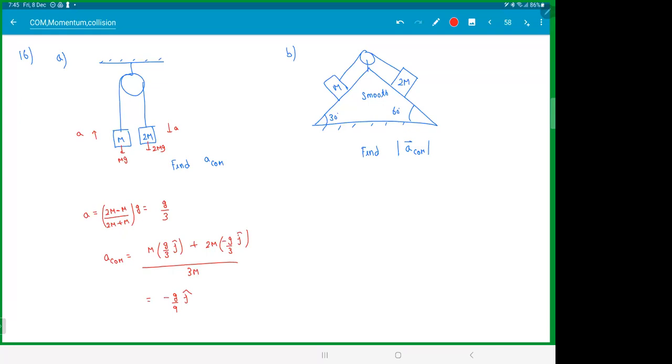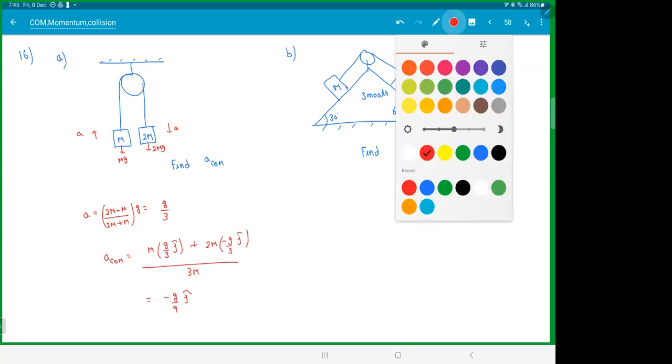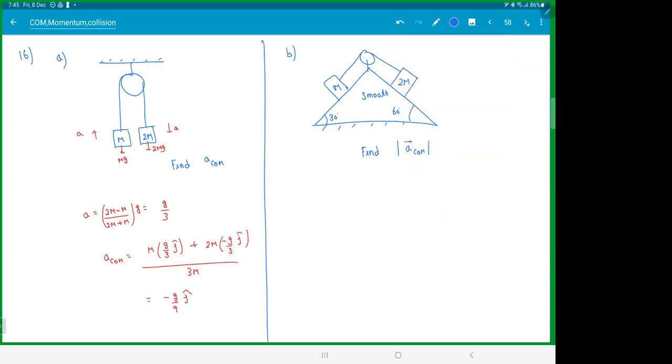What about the B part? G 2 root 3 minus 1 by 6. Let's see. I'm not sure whether that is the answer.